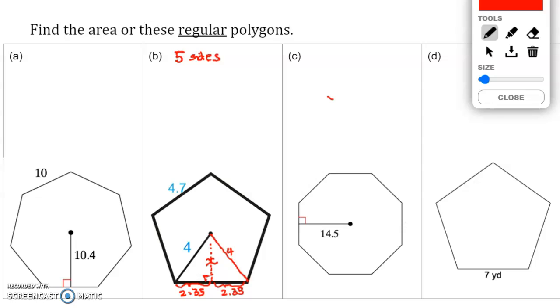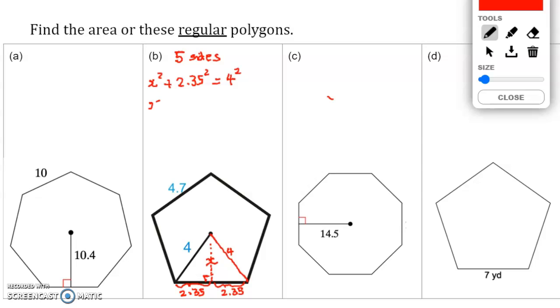So if I say apothem's length is x, let's set up the equation. So we can say that x squared, one of the legs is x, plus 2.35 is another leg, is going to be the hypotenuse squared, which is going to be 4 squared.